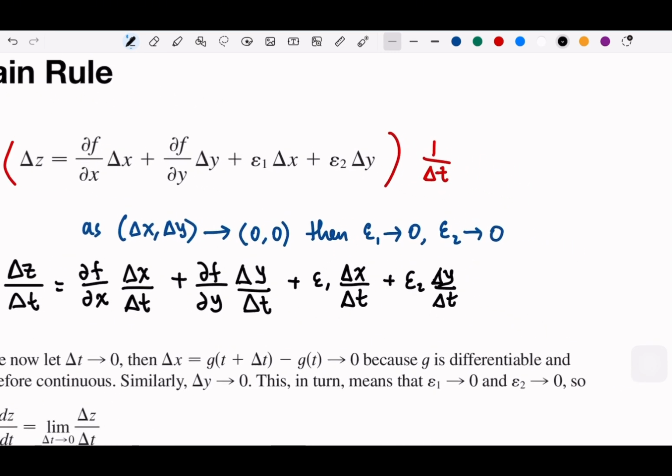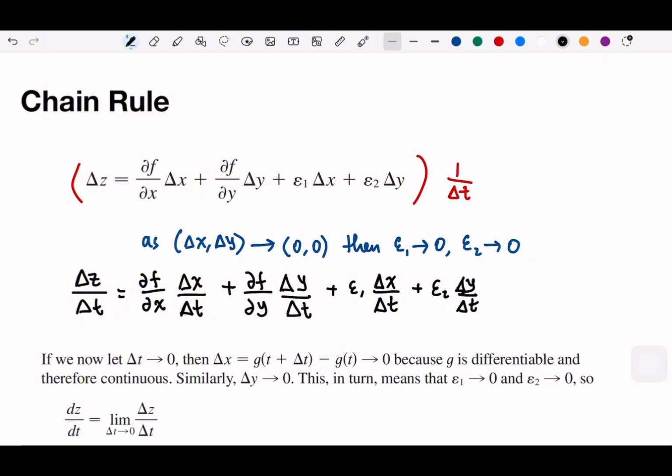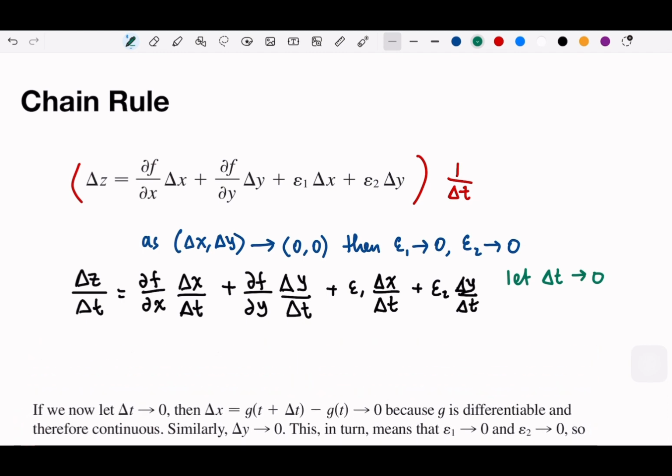Now for this part, let delta t approach 0, then delta x, or maybe I'll just follow the next part. It's the same thing.